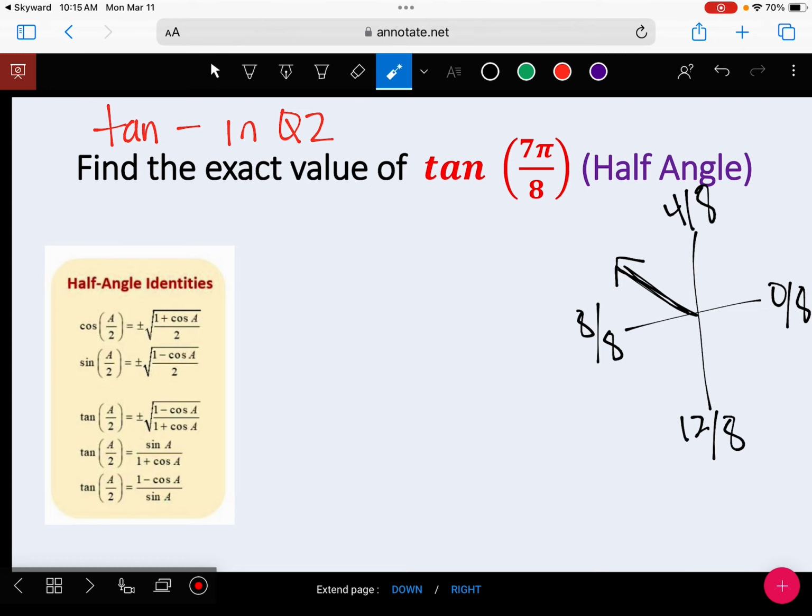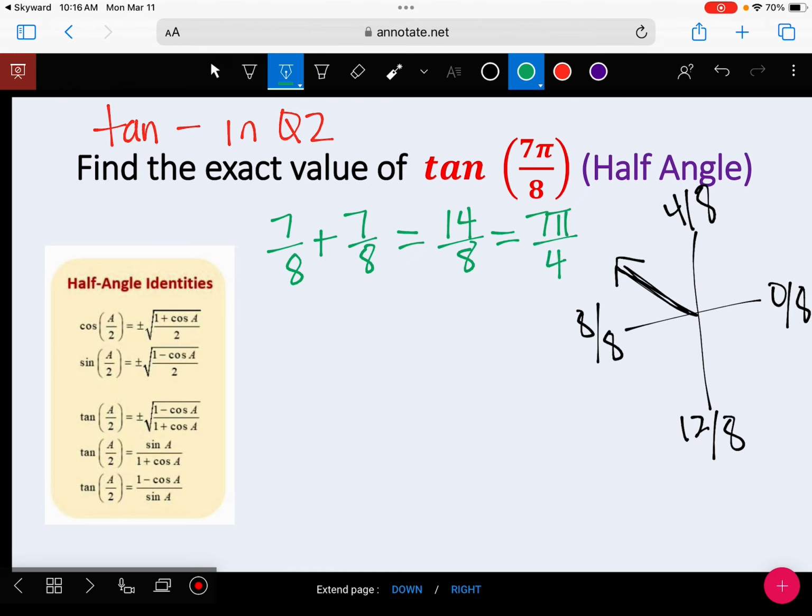So let's figure out what angle I'm dividing by 2 to get to 7/8. If I take 7/8 plus 7/8, I would get 14/8, which reduces, if I divide both by 2, to 7 pi/4.